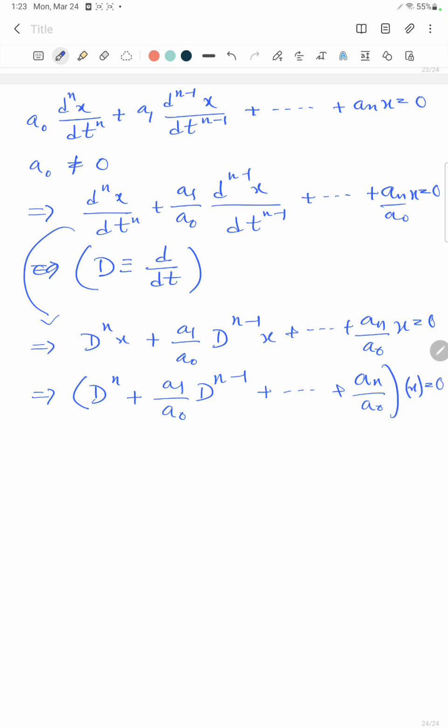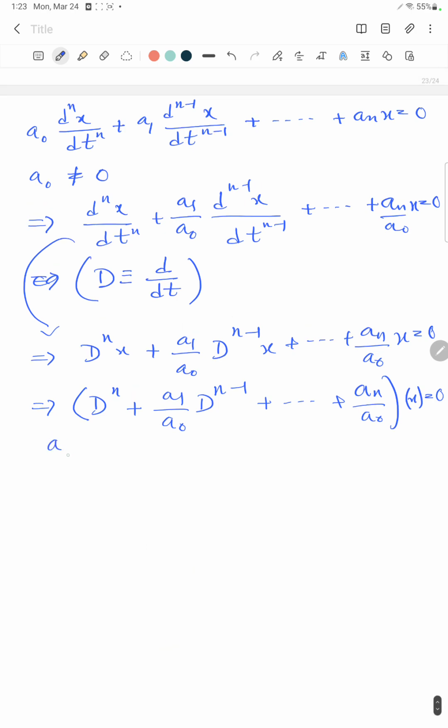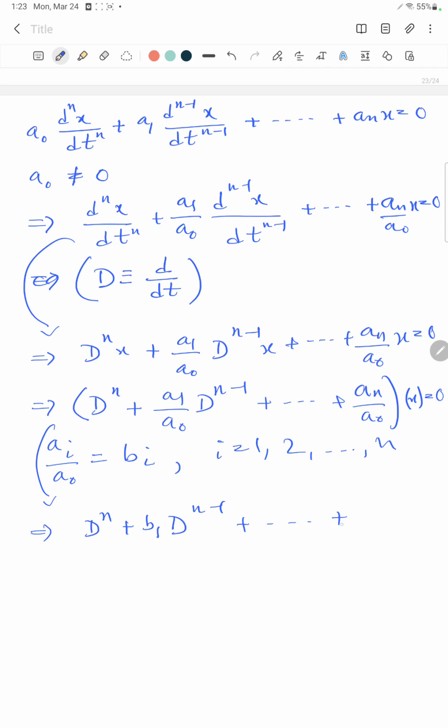Now if we consider that ai by a naught is bi for i equal to 1 up to n, then this can be written as (D^n plus b1 D^(n-1) plus dot dot dot plus bn) operating on x is equal to 0.